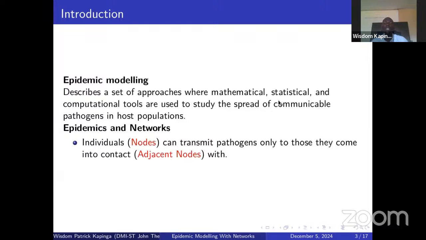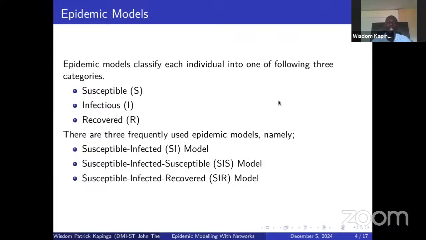And now we're going to look at the epidemic models. But before we look at the frequently used epidemic models, we need to understand that when we are doing epidemic modeling, we categorize individuals in the population into three compartments: susceptible individuals, infectious individuals, and recovered individuals.